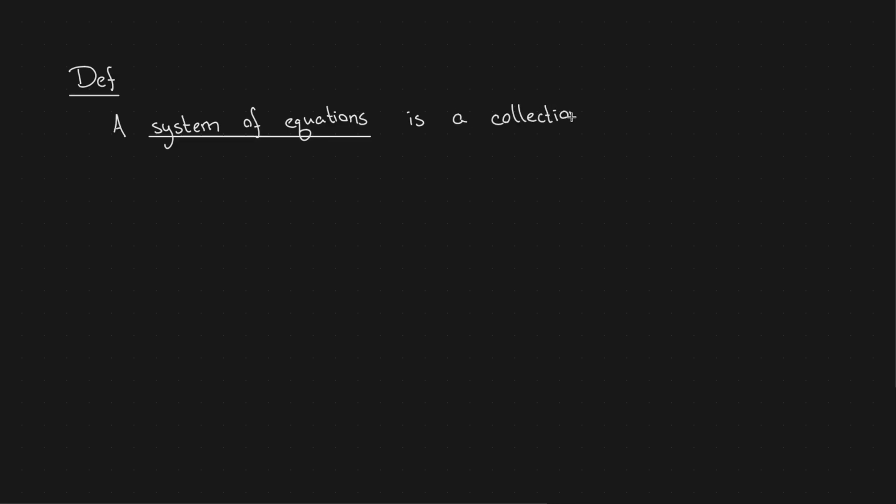Okay, so we've got the linear part. What's a system of equations? A system of equations is a collection of equations that must be solved simultaneously.